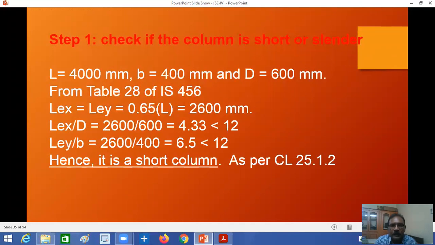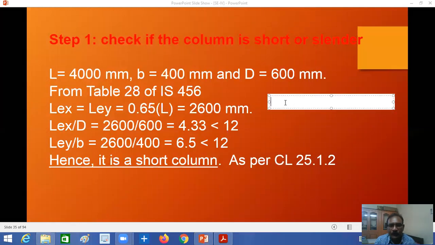So 0.65 into 4000 is equal to 2600 mm. This is the effective length, Lex and Ley.